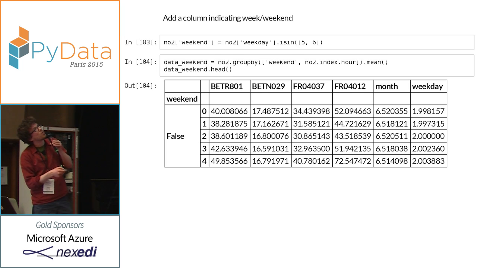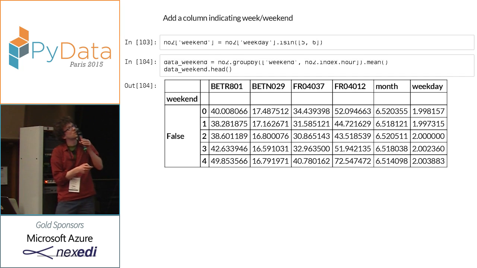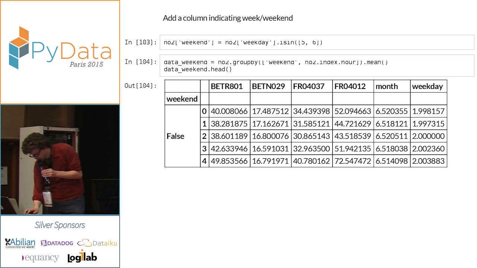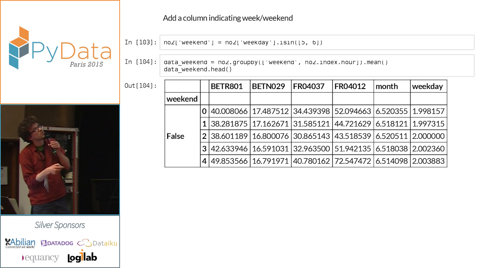If you do it only for one column, for one station, I just select here one station, and as you saw before, because you grouped by two different keys, you get here two levels of the index.